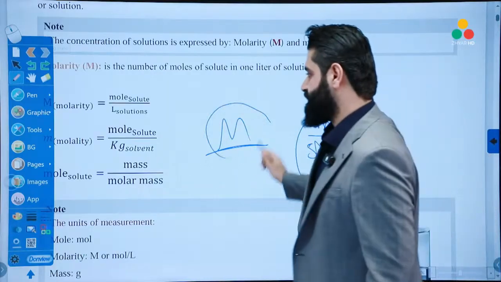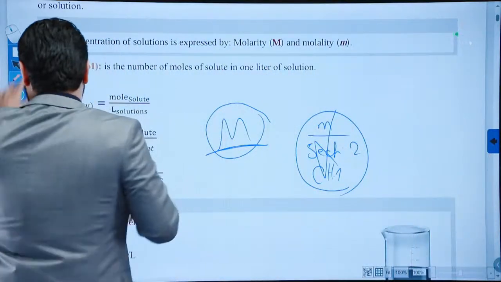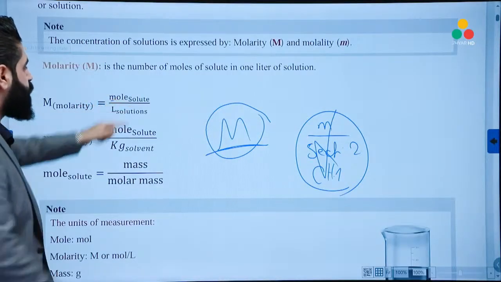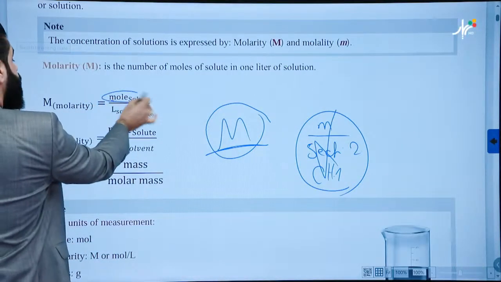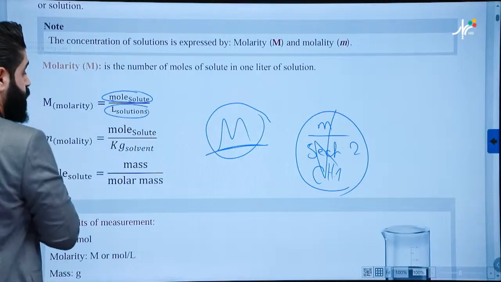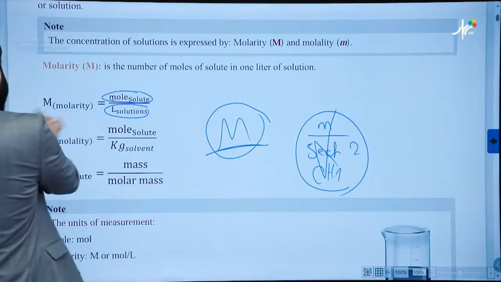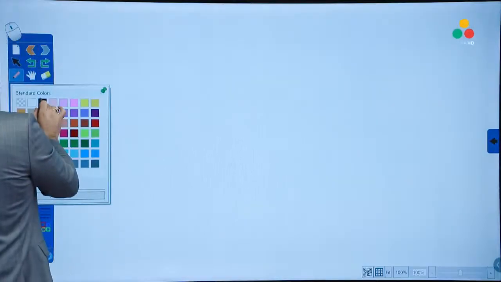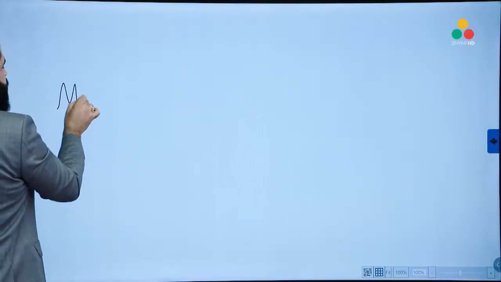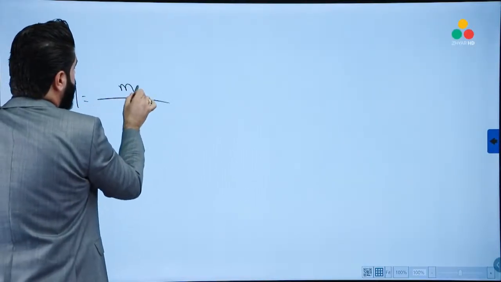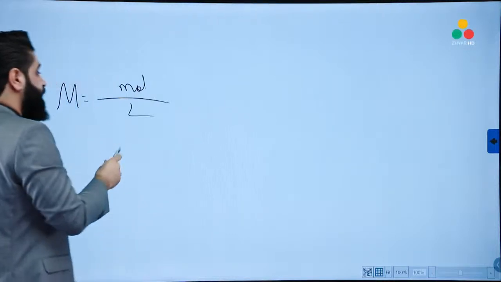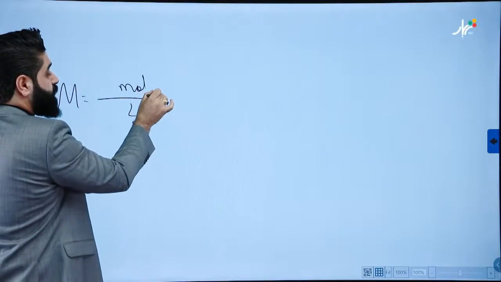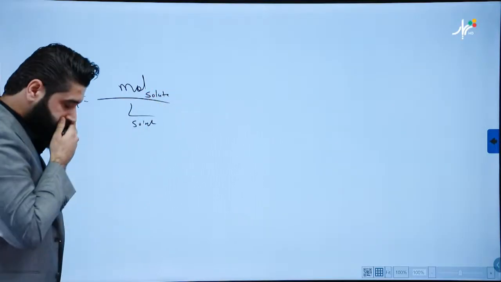We only need molarity for now. Molarity equals moles of solute over liters of solution. Be careful. What is the molarity again? I will write the formula of molarity. Molarity equals mole over liter, but liter here is for the solution, and mole is for the solute. Good.